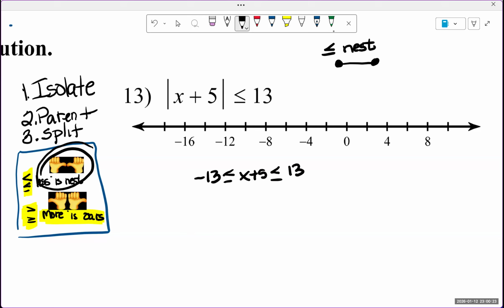Okay, so that's the nest. It's in the nest. So we're going to subtract 5 from the middle. If I subtract 5 from the middle, I subtract from the right and the left, both outsides. So we have negative 18 less than or equal to x less than or equal to 8.